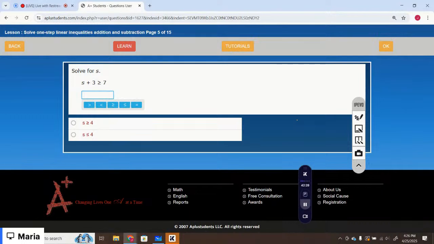Solve for S. S is greater than or equal to 4. Option number 1 is the correct option.